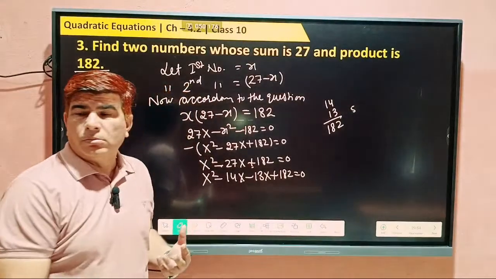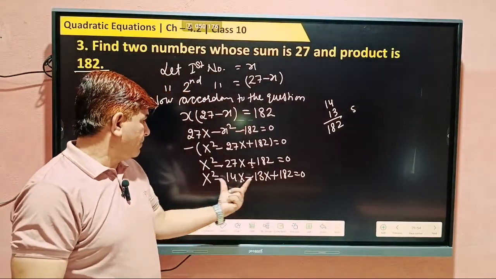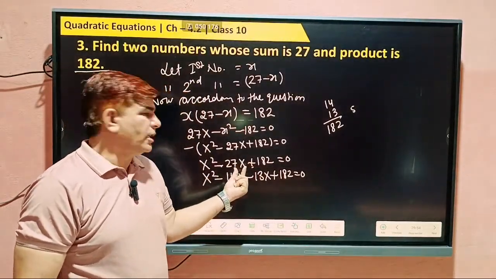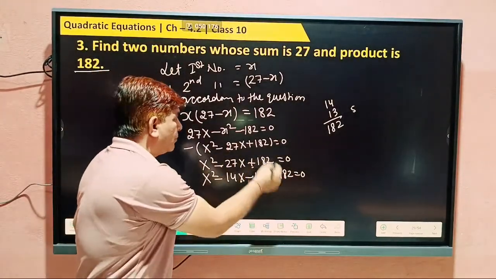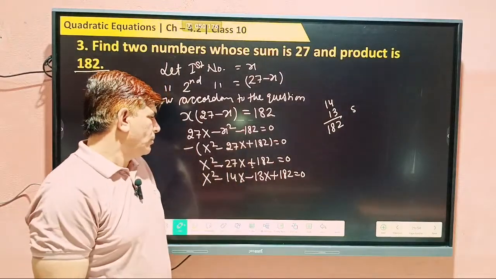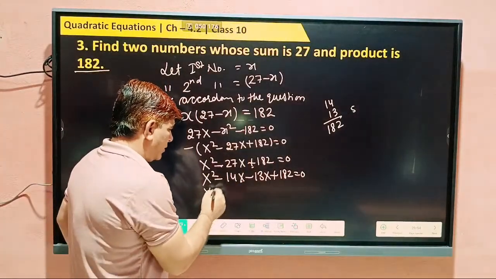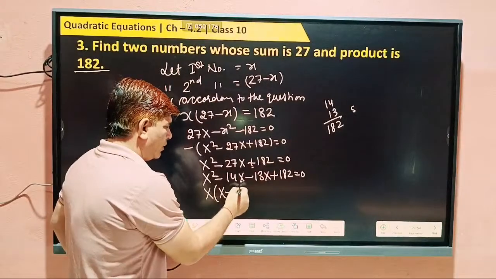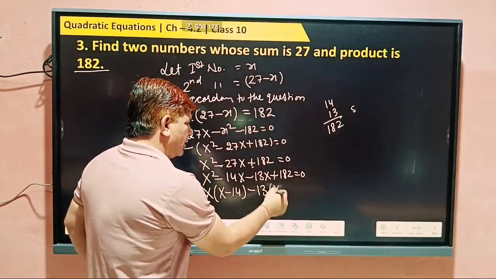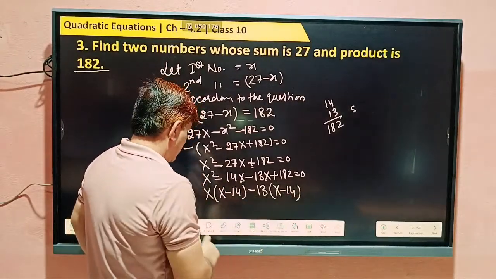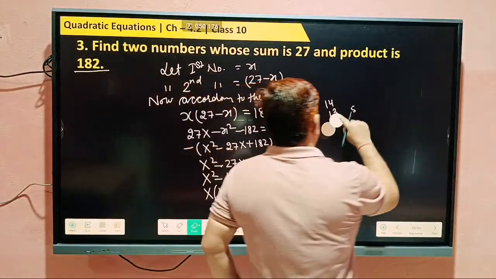Same rule. Check the first step: their sum is equal to the middle term, and their product is equal to the product. So what's common? x is common: x minus 14, and minus 13 common, x minus 14 common. Yes or no? Yes.